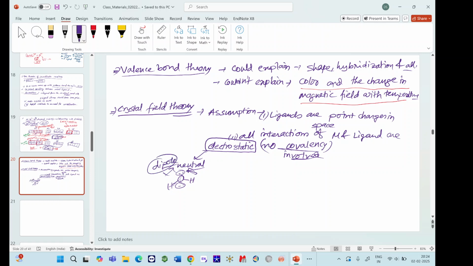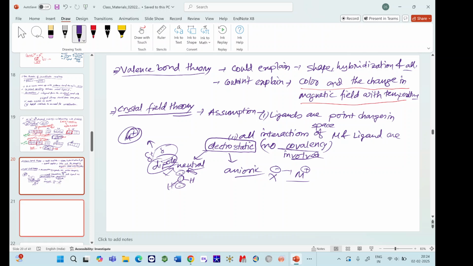Okay, a dipole also has delta plus and delta minus. Okay, like this. So it has a partial electrical charge generated. So this dipole can interact with the metal. Okay, and for anionic, you already have the negative charge. So this can also interact with the metal.